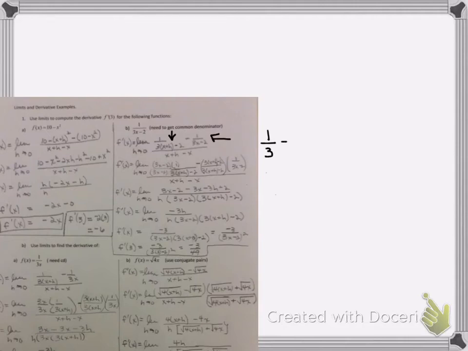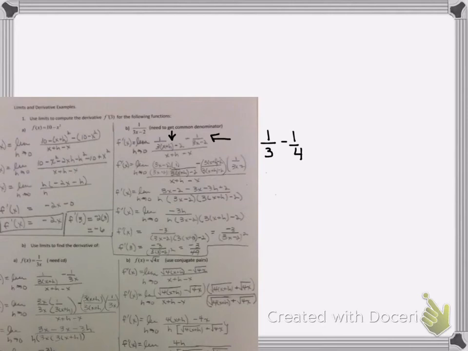So if I had, let's just think about this, 1/3 minus 1/4. I'm just looking at the numerator of my limit and thinking of it in terms of what I would do if I had that, because I know I have to combine those two fractions.